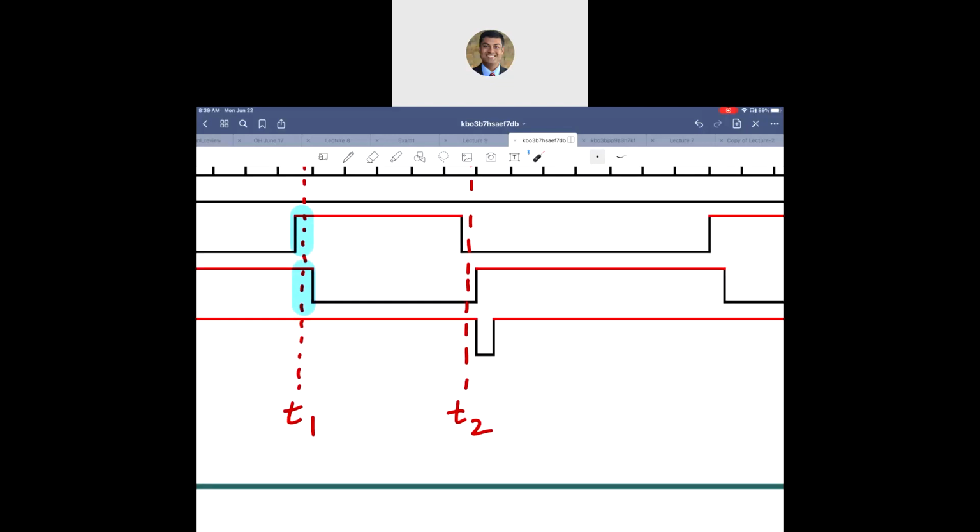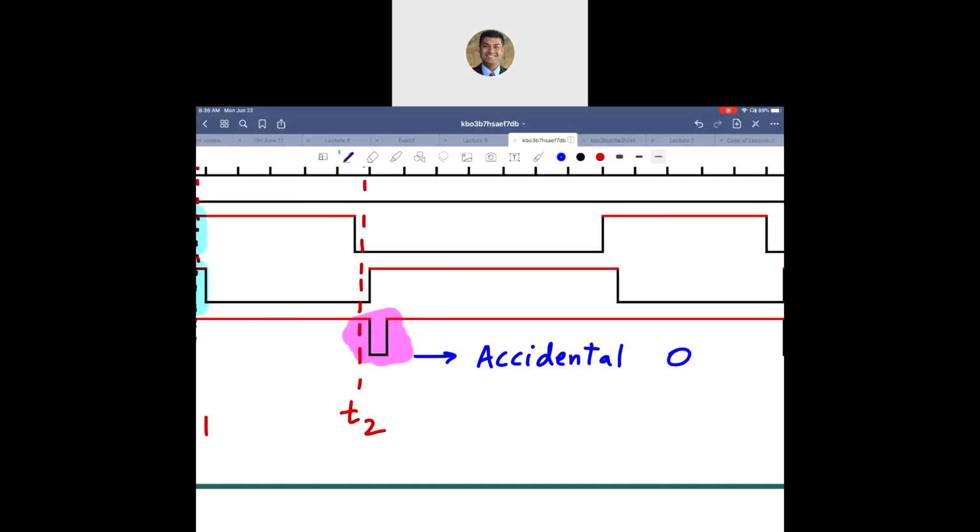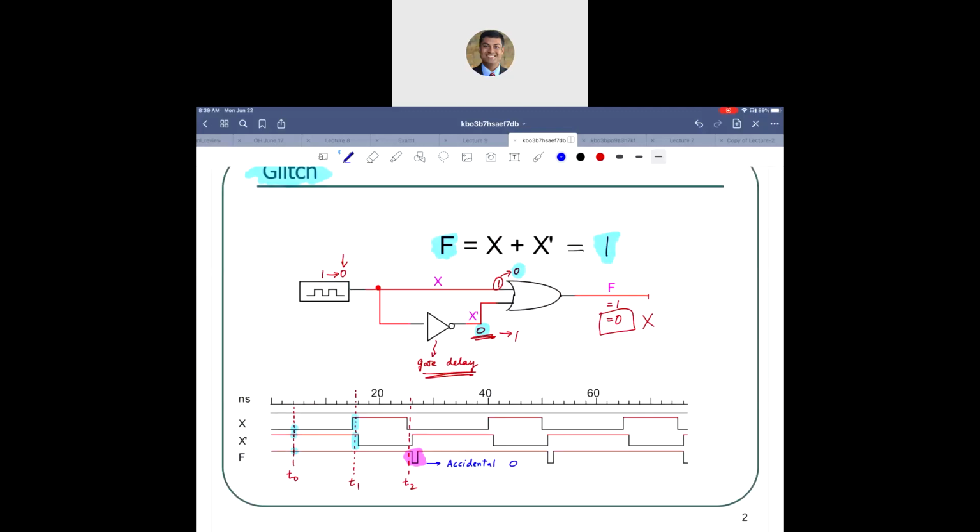So this particular condition over here is called the glitch, and that is specifically an accidental 0. Because we didn't want 0, we wanted a 1, but we got an accidental 0 because of the gate delay of the NOT gate.